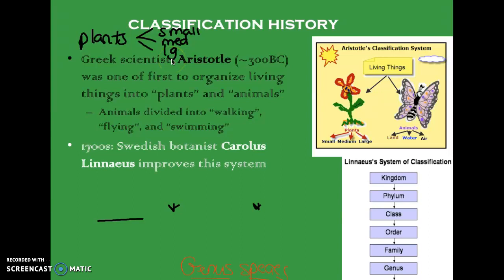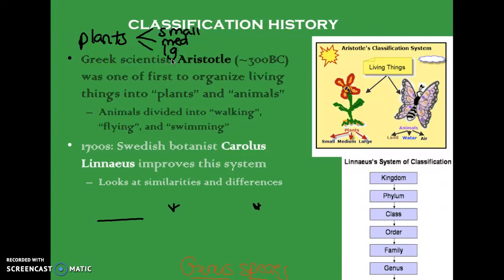Many hundreds of years later, thousands of years later, the Swedish botanist Carolus Linnaeus improved this system. He totally broke it apart and restructured it and changed the way that we classify plants and animals.